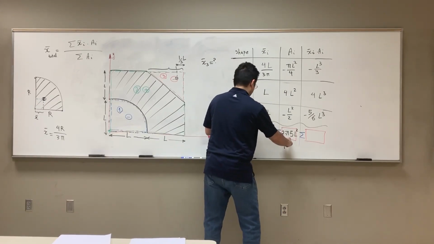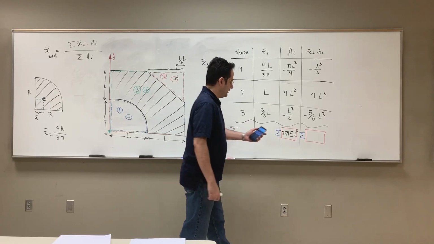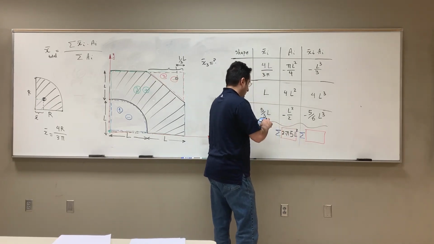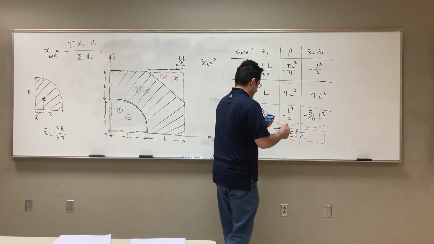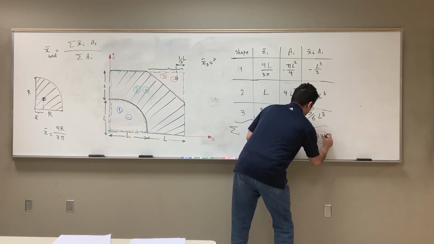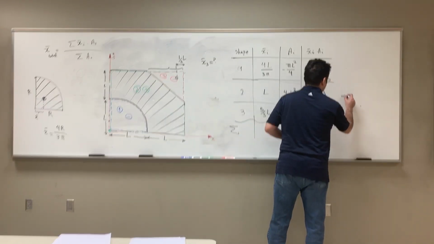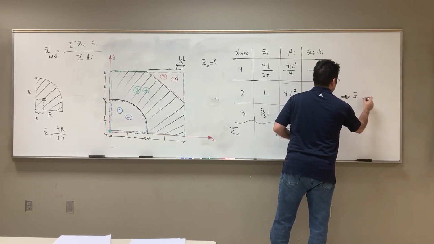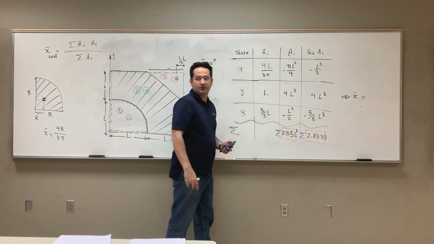The second one will sum to 4 minus 1 over 3 minus 5 over 6, 2.8333. Right? So the final answer would be x bar is equal to this sum divided by this sum.